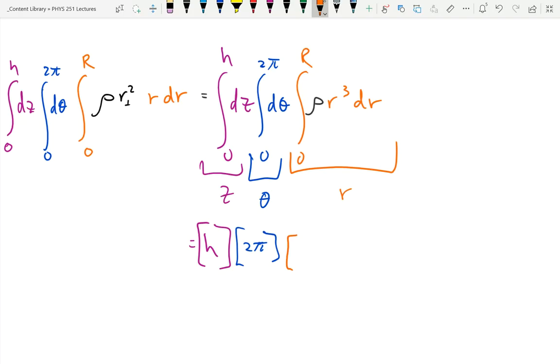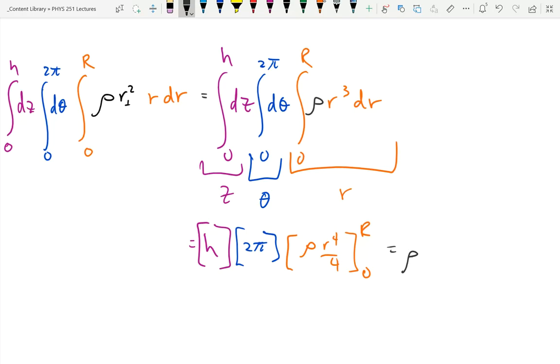Rho times r to the 4th over 4. This time I put the limits explicitly, just because I didn't want to combine them. But when I put in the lower limit at 0, it's just going to be rho times capital R to the 4th over 4. So put it all together.